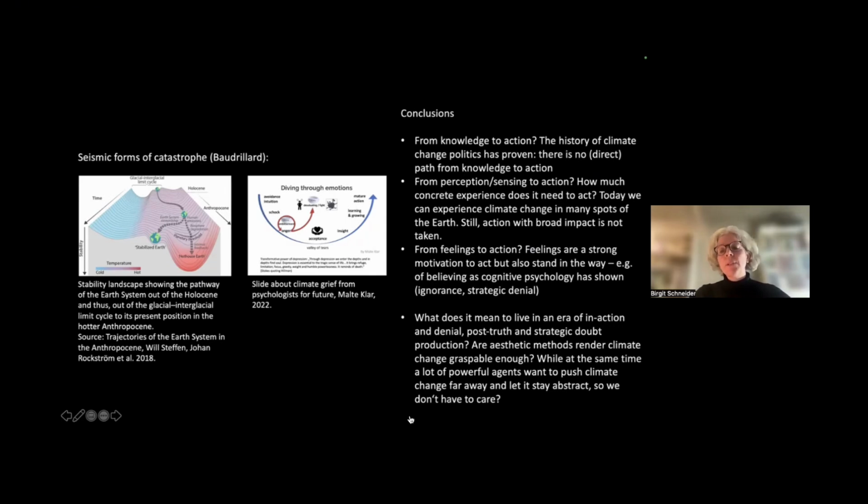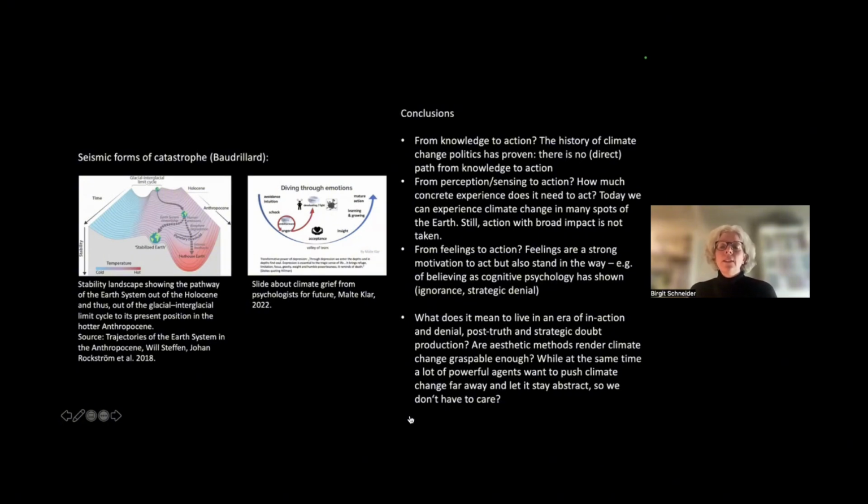That is, believing can stand in the way, as cognitive psychology and many other disciplines have shown. For example, ignorance, strategic denial, the idea of post-truth, all these developments deal with feelings a lot, but they don't show us that feelings lead to action.